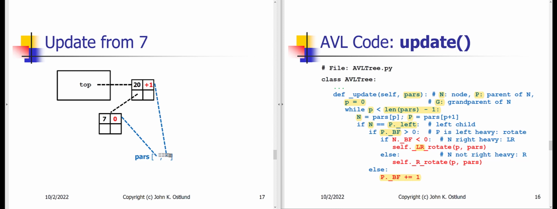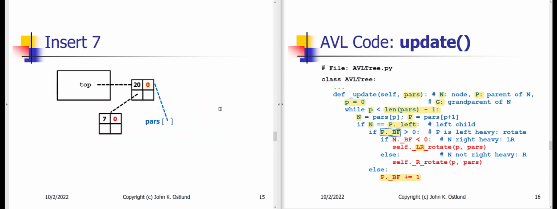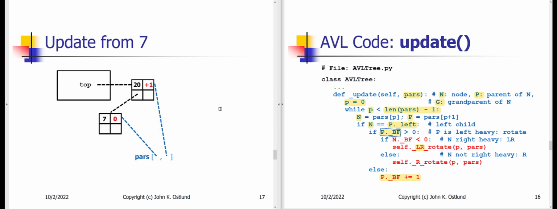So our list of parents is just the current node and its parent. Because PBF was not greater than 0, we come down and increment PBF, the parent's balance factor, to plus 1. And we're done.